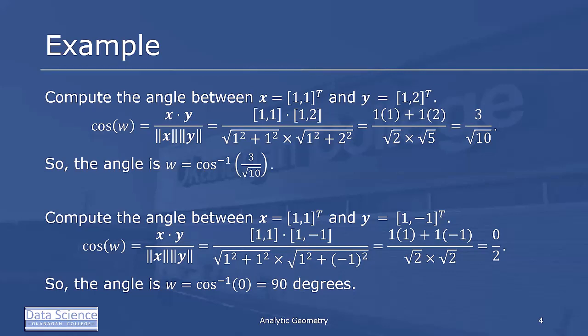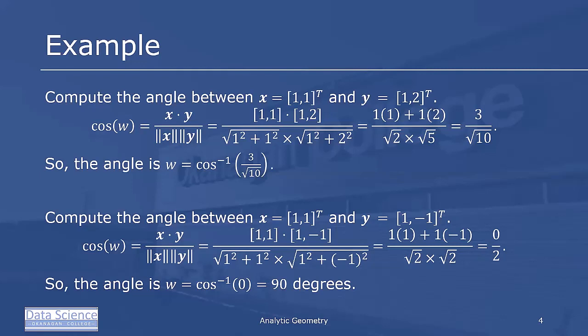In our second example, we're going to find the angle between the vector x = (1, 1) and the vector y = (1, -1). Both of these vectors have length root 2, and so in this case, cosine w is going to be the dot product of (1, 1) and (1, -1) divided by root 2 times root 2. This gives us 0 over 2.